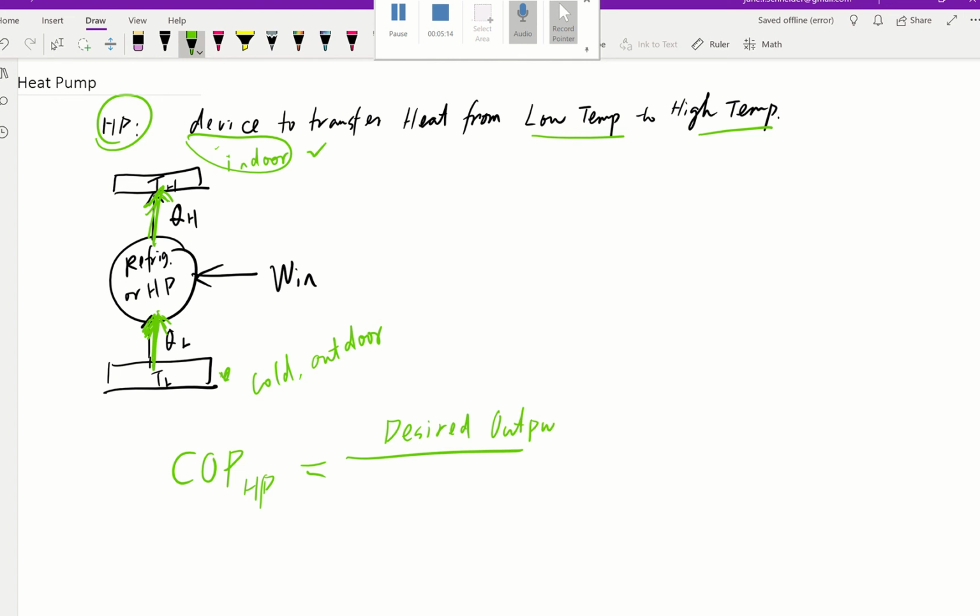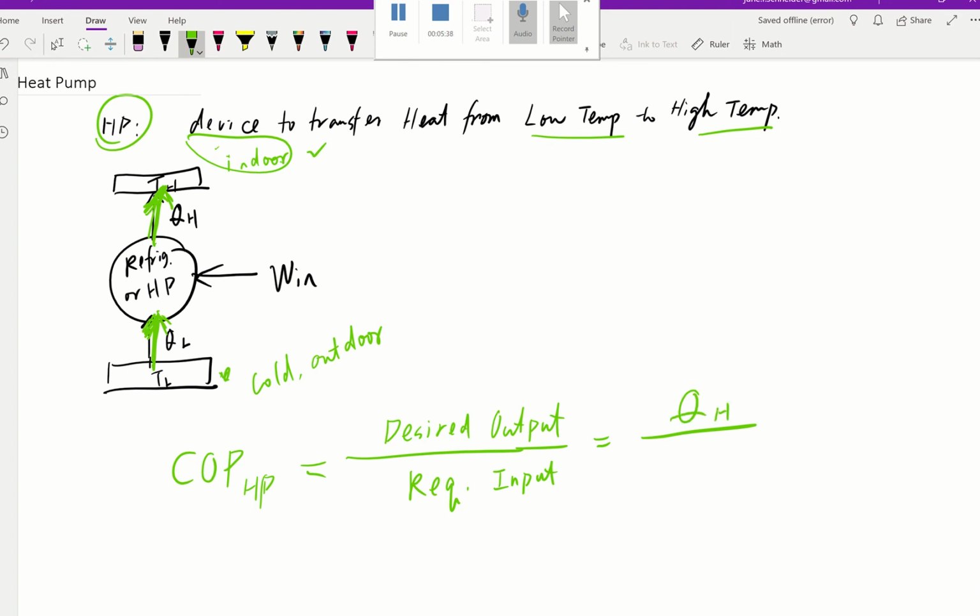And what would be the required input? So the desired output would be we want more and more heat transferred to this indoor room, right? So we want more QH.